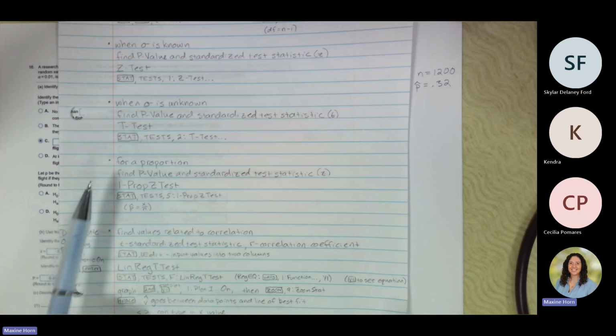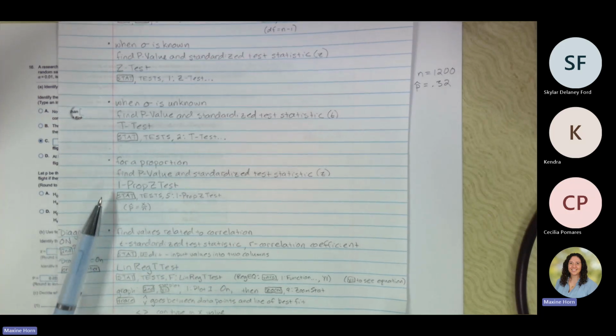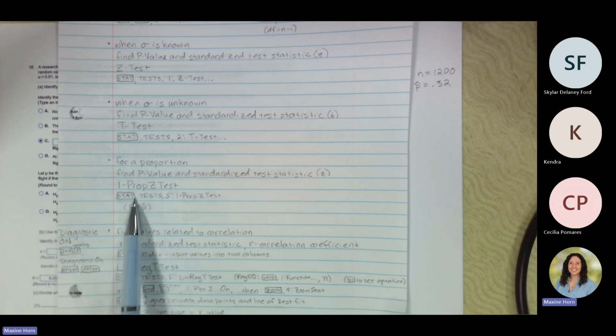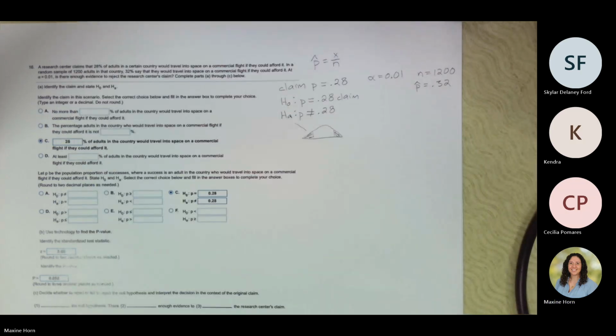So for a proportion, we're going to do one prop z test. That's in the same place that all the other ones were, stat tests, but this time we go down to number 5. And then I just wrote this here. Don't forget that your p hat is x over n, because you might have to remember that relationship depending on what you're given.